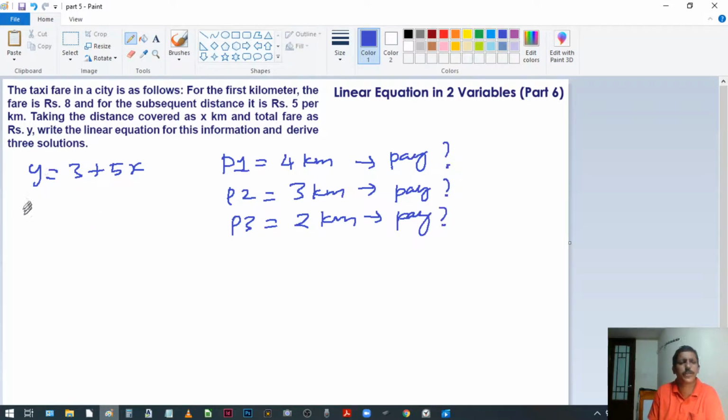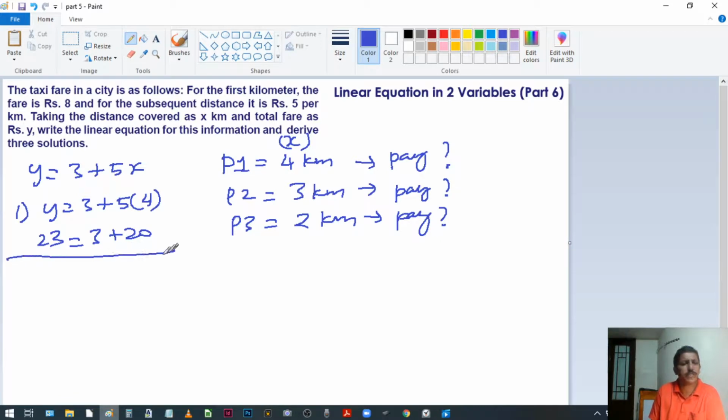In the first situation it is 4 kilometers. So y is equal to 3 plus 5 times x, all these are x, so 4. Now the answer is 3 plus 20, the answer is 23. What about the second one?